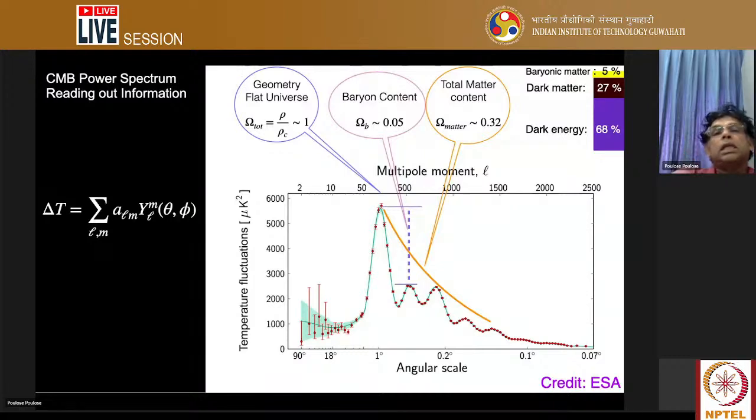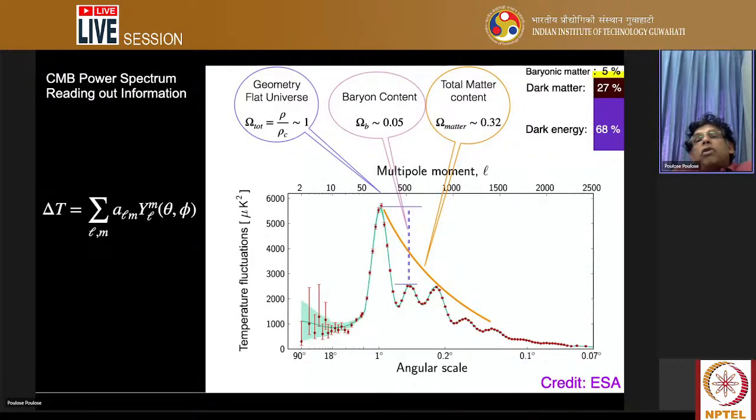The bottom line is that the total matter in the universe, if we consider it as 1, then 68% of that is what's called dark energy. They do not have the usual gravitational interaction, and the total matter content is about 32 percent, which is gravitating matter.